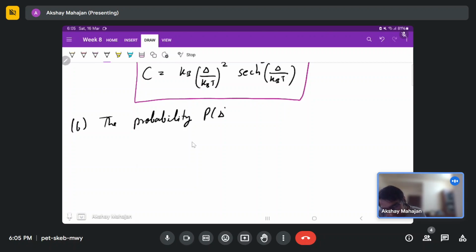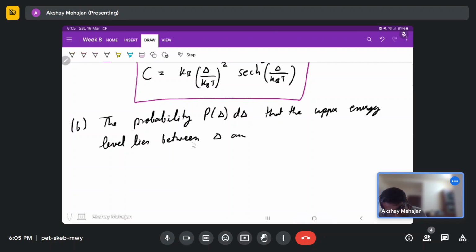P delta times d delta that the upper energy level lies between delta and delta plus d delta.